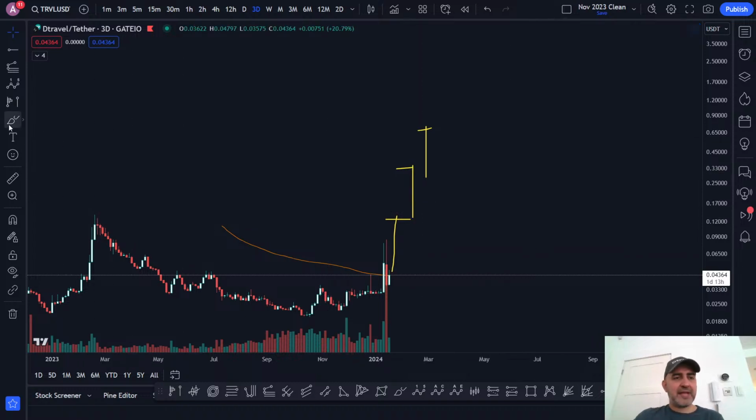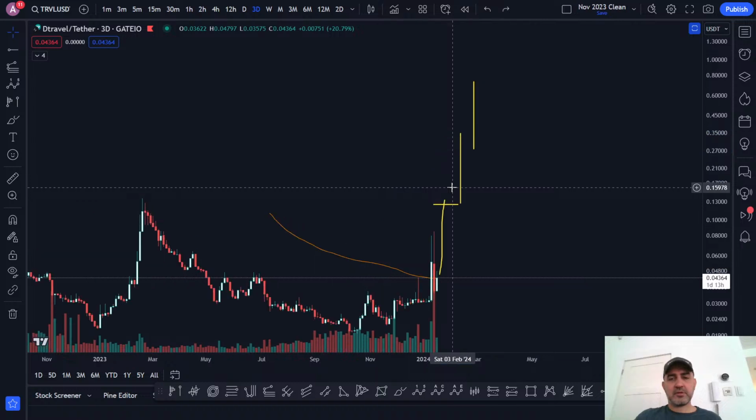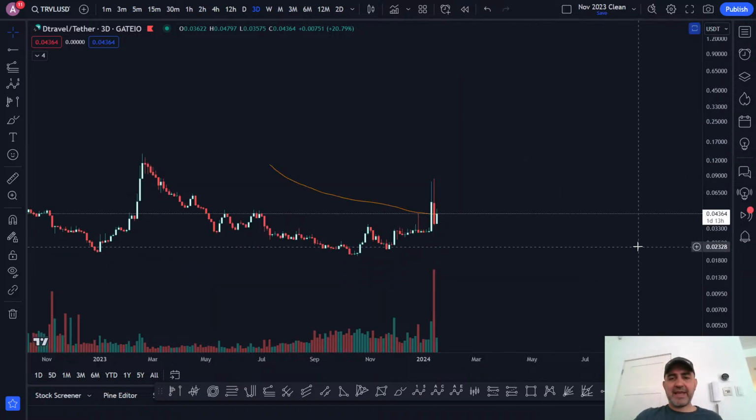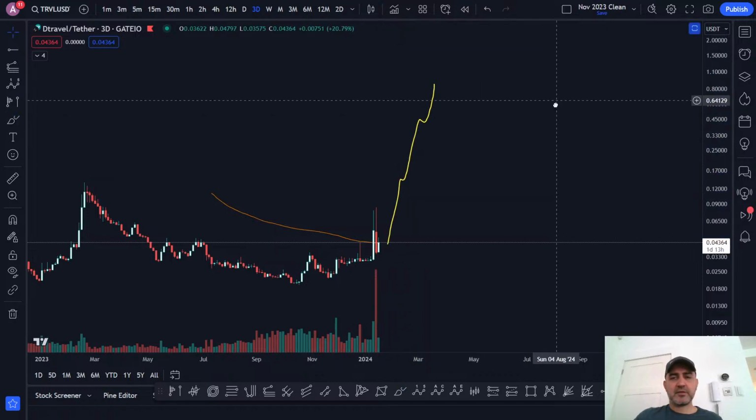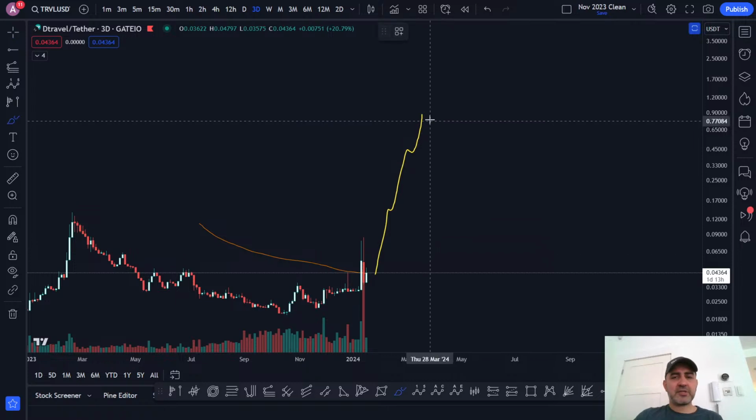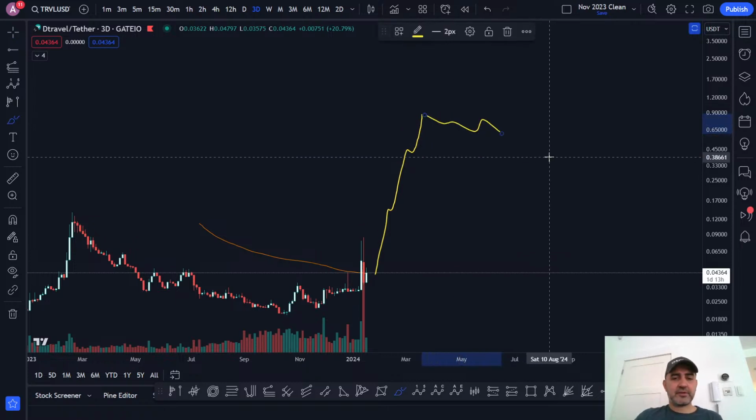And then imagine that we now consolidate, but the consolidation is a really flat consolidation. So we've made 3 weekly green candles, 1, 2, 3, and then we have a flat consolidation of 3 red weeks, whatever.